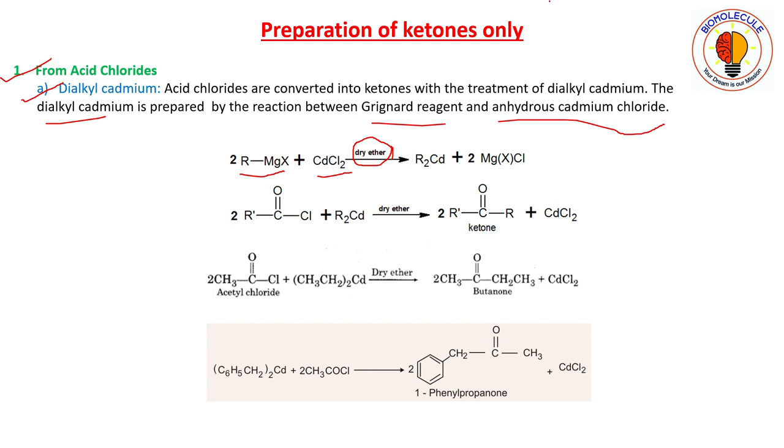So Grignard reagent and anhydrous cadmium chloride in dry ether will give you R2Cd, that is dialkyl cadmium. Here R is alkyl, so dialkyl cadmium. What it does is a simple substitution reaction, where chloride leaves.